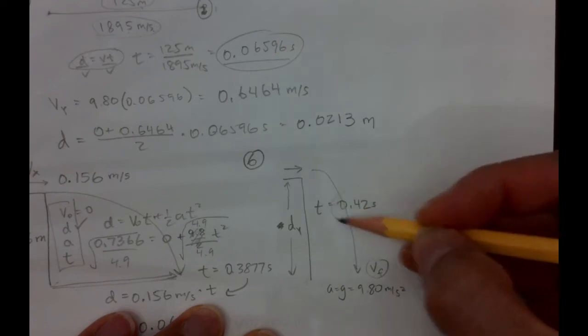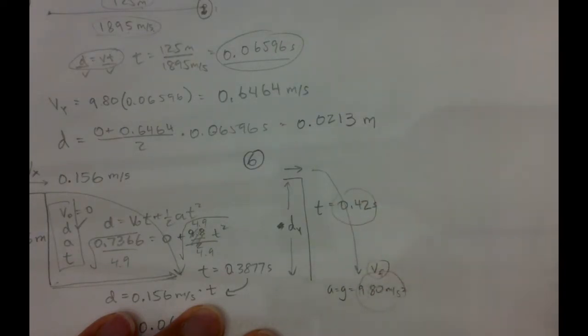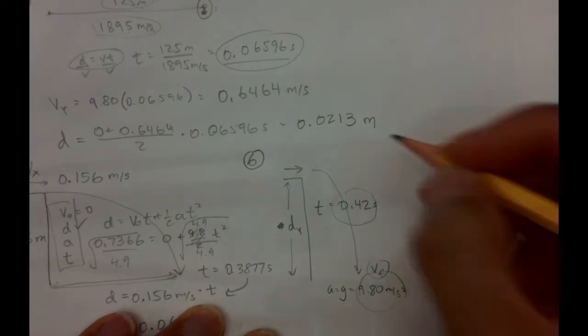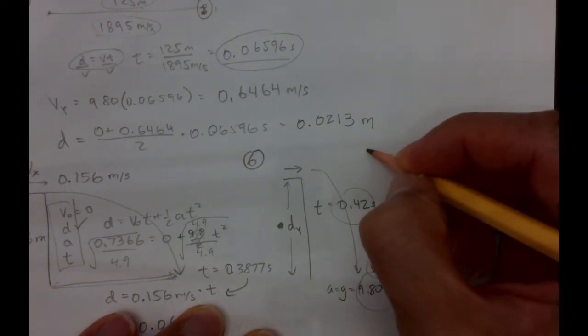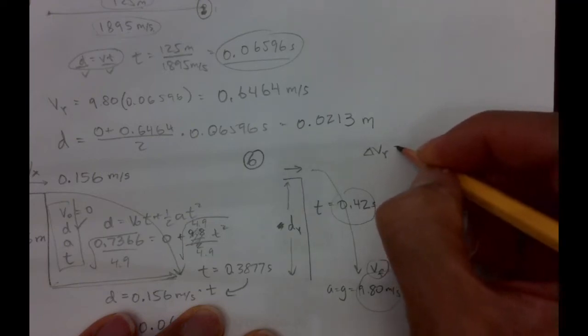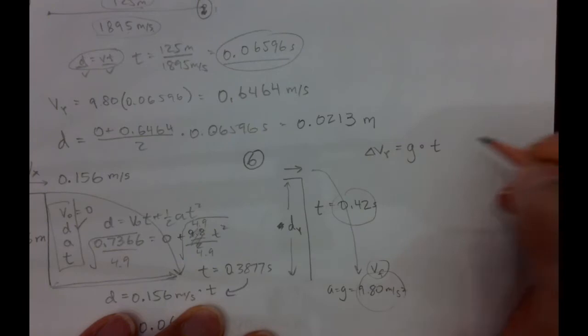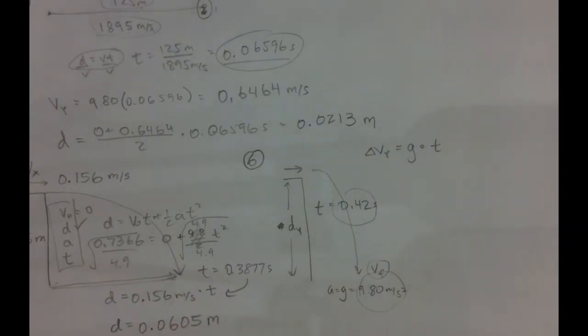Since it has 0.42 seconds where gravity is in effect, we have our delta V, and this is vertical, is equal to acceleration times that time.